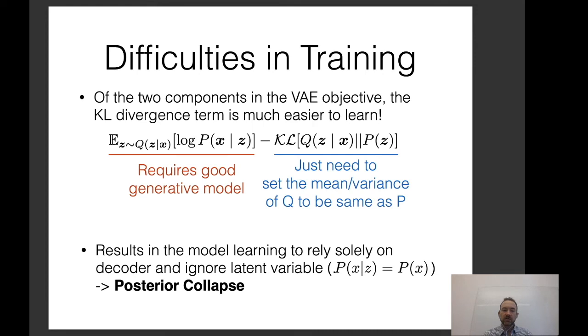And because of this, this can result in the model learning to rely solely on the decoder and ignore the latent variable. So basically, we just completely set the posterior of the latent variable to be equal to the prior. And this is something called posterior collapse.